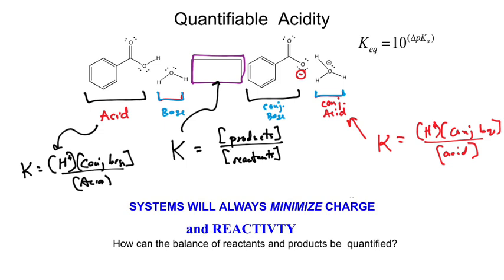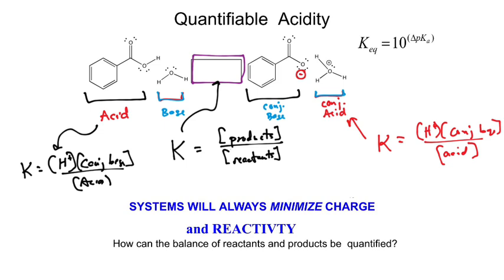Okay? So what happens if I have a larger black value than I have a red value? More products.